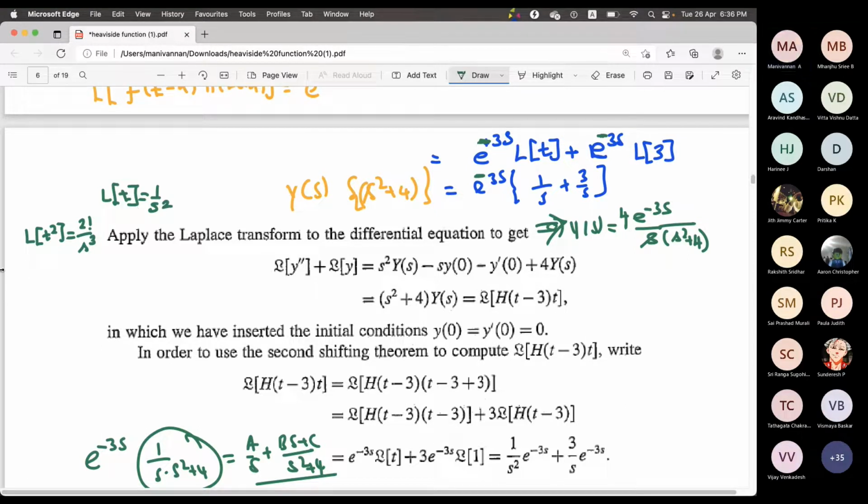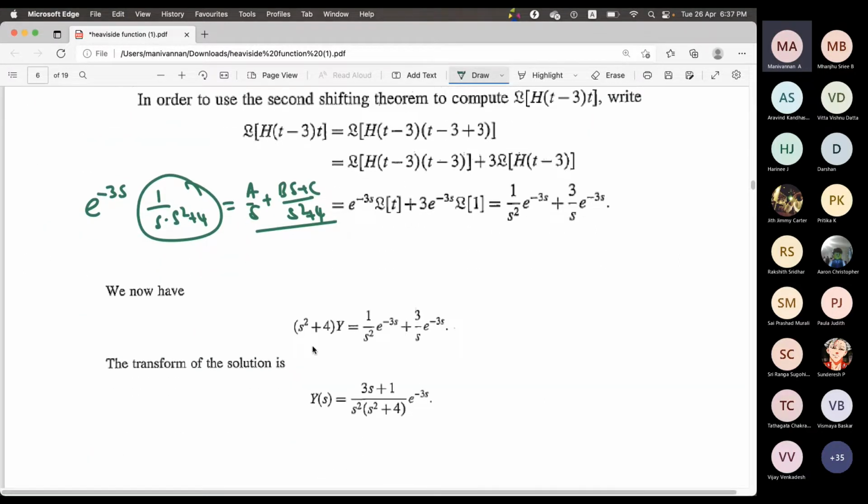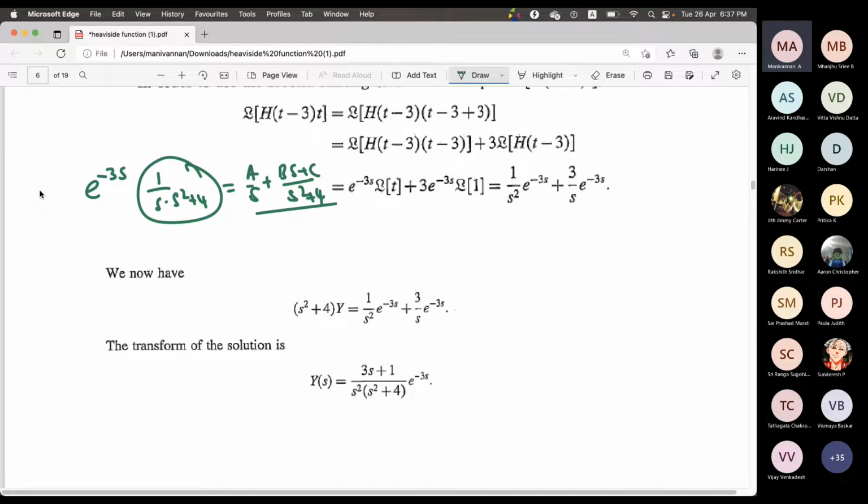And it is 3 by s. Then we cannot add them simply like this. We have e raised to the power minus 3s times the L of t plus 3 times L of 3. So 1 upon s square e raised to the power minus 3s plus 3 by s into e raised to the power minus 3s. Now this divided by s square plus 4 is overall my Y of s.